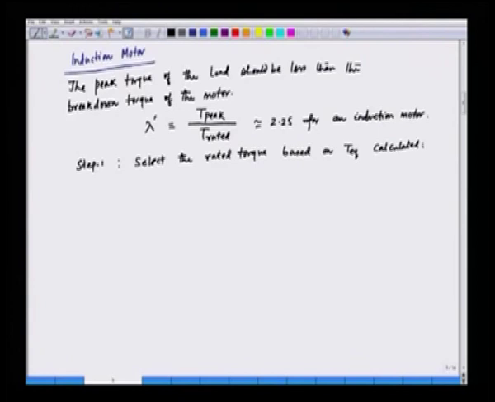In fact, what we do here is that T rated is the next higher available torque, and then after we have obtained this T rated, we apply this inequality.